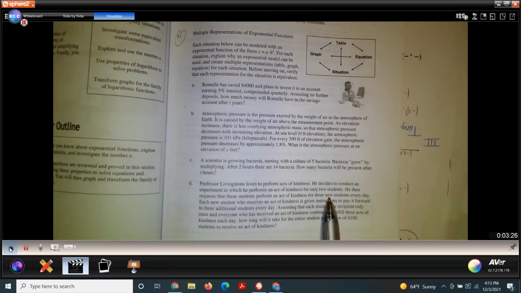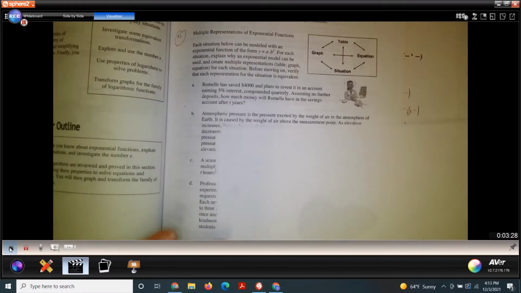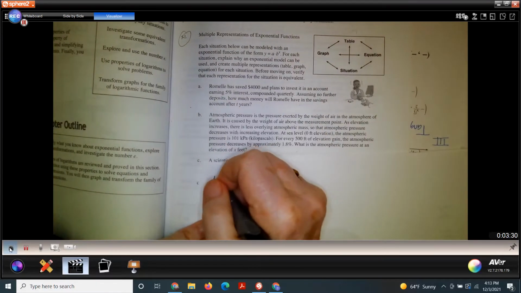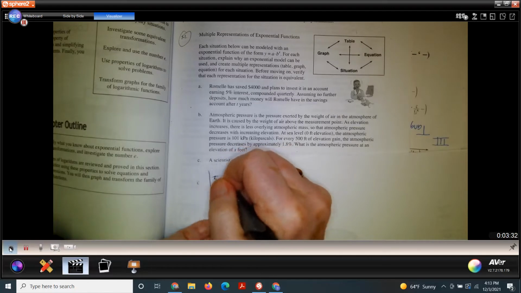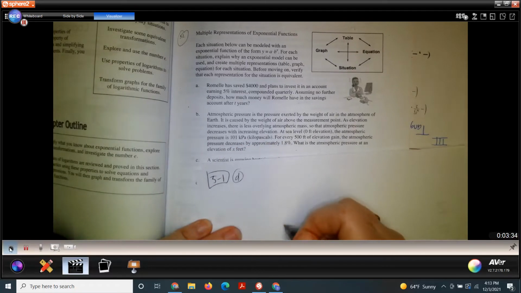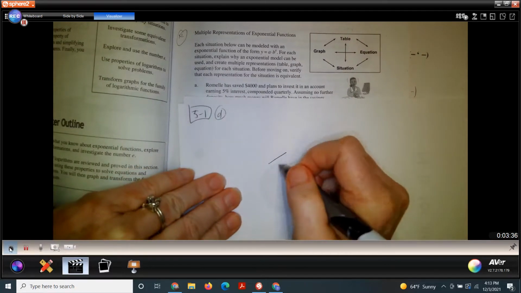The next one is letter D. And letter D says, Professor Livingstone loves to perform acts of kindness. He decides to conduct an experiment in which he performs an act of kindness for only 2 students. Only 2 students.